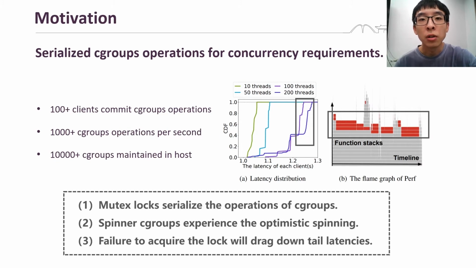So our third insight is that the host-side overhead of cgroups prohibits high-density deployment and high-concurrency startups in serverless computing. Simplifying the cgroup design and reducing the critical section introduced by the mutex locks are fundamental solutions.